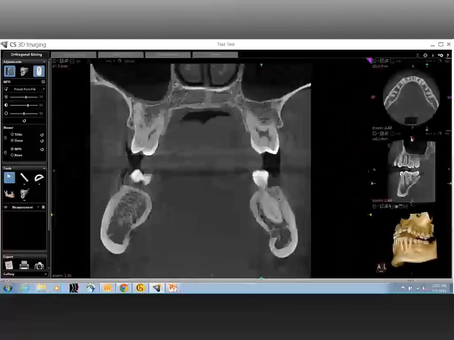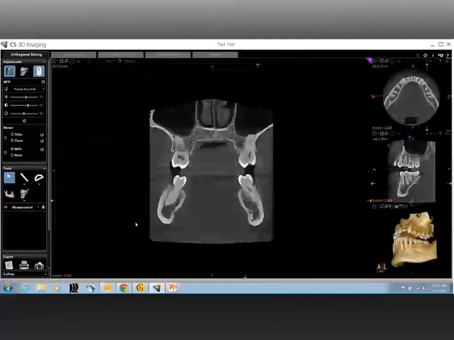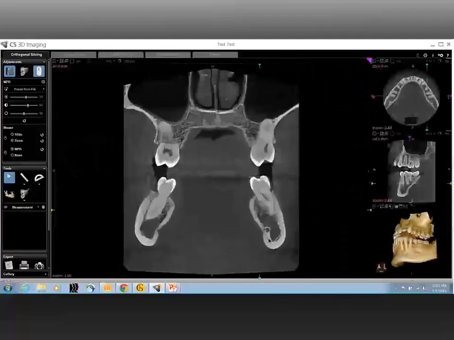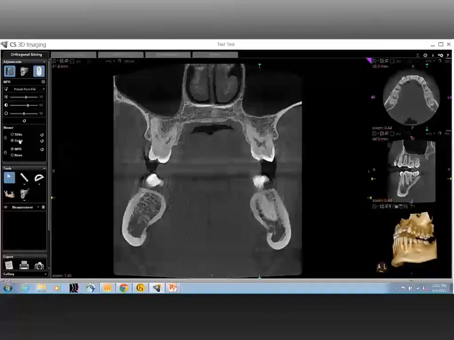And then you can look at the cancellous bone. The cancellous bone is encased in the cortical bone, which is the interior part of the mandible, or any bone for that matter. That also shows the pliability of the bone, the density of the bone, and things like that. The trabeculation pattern also indicates many different conditions of the bone.